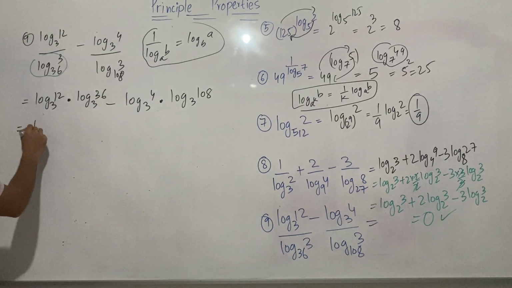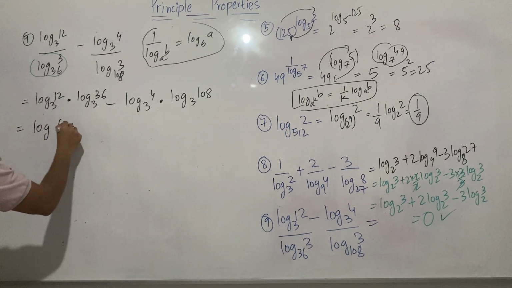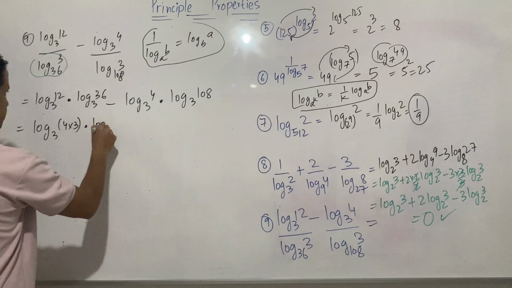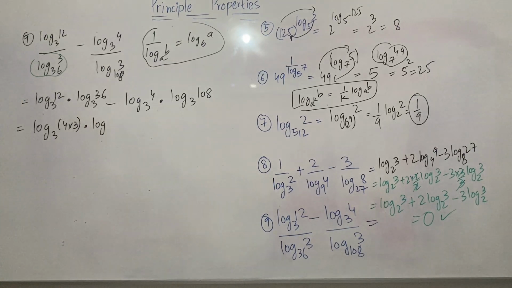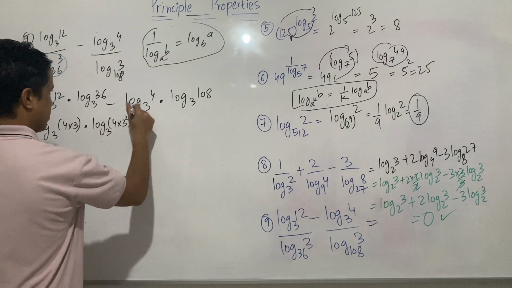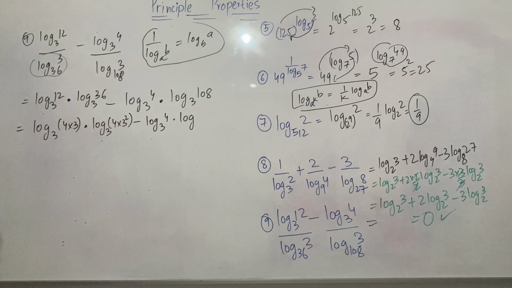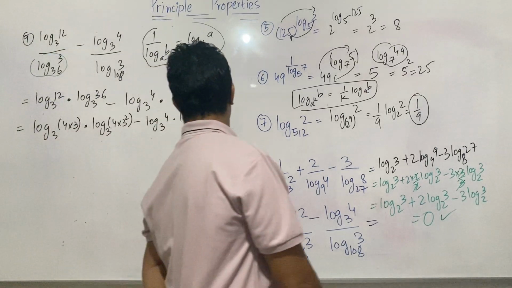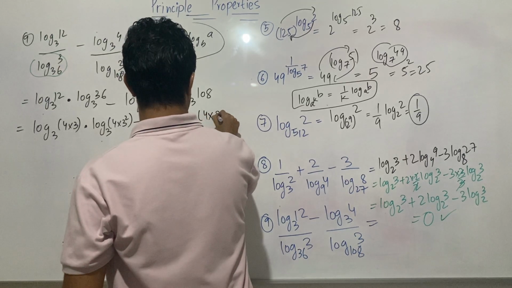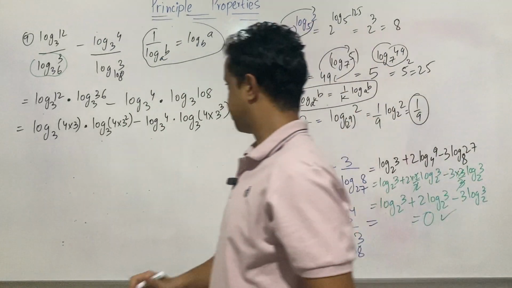This thing can be written as log 12 base 3, which is 4 multiplied by 3, and this thing is log of 36, which is 4 times 9, so 4 multiplied by 3 squared, base 3, minus log 4 to the base 3, and log 108 is 27 times 4, so 4 times 27, base 3, right?